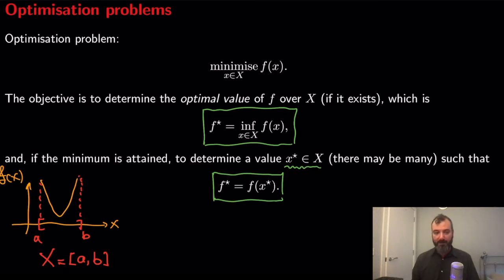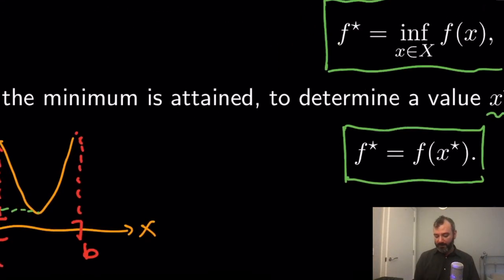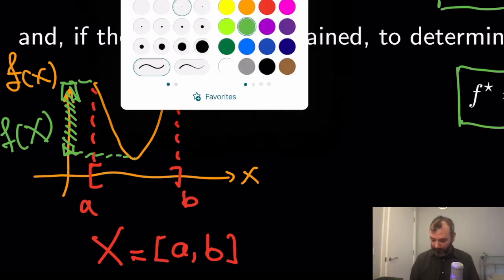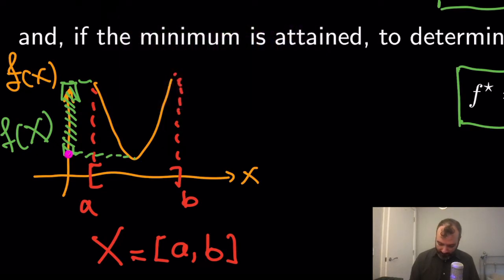What is the set f of big X? It is this. F of big X, this set here. And what is the infimum of that set? I will zoom in now. What is the infimum of this set? It is this value over here. It is the smallest value that my function gives me.